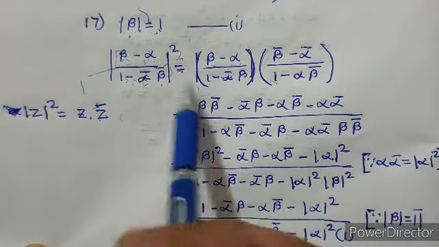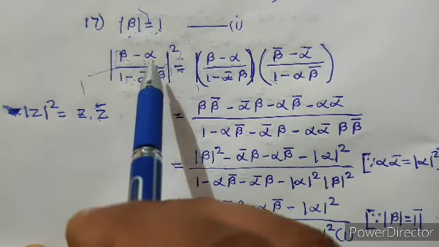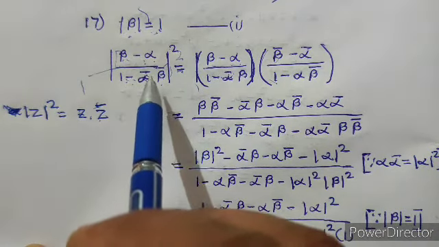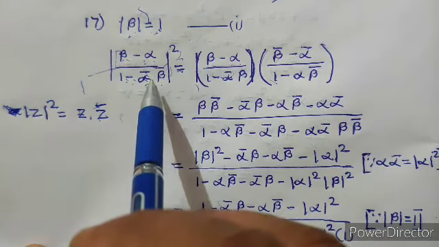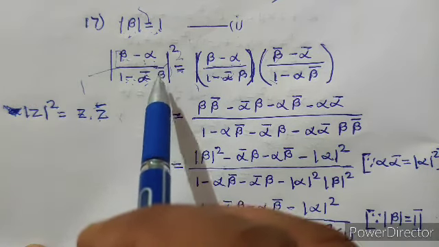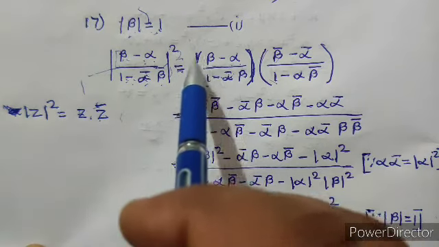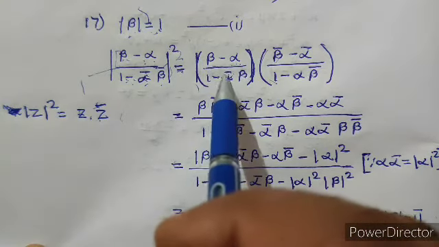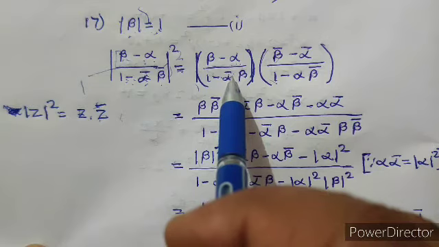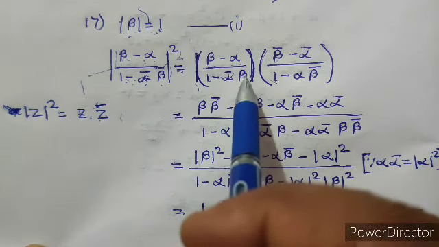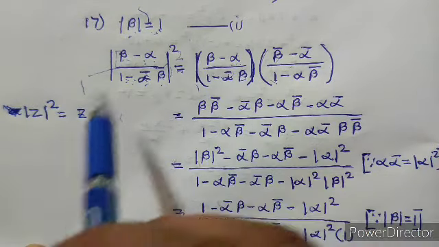So we can say that the modulus of (beta minus alpha) upon (1 minus conjugate of alpha into beta) whole square will be equal to (beta minus alpha) upon (1 minus conjugate of alpha into beta) into its conjugate.